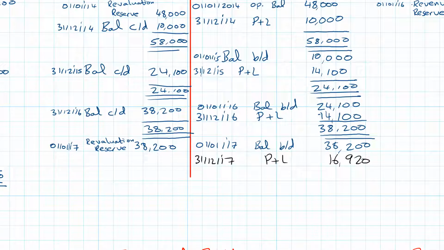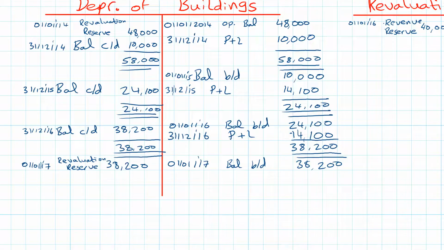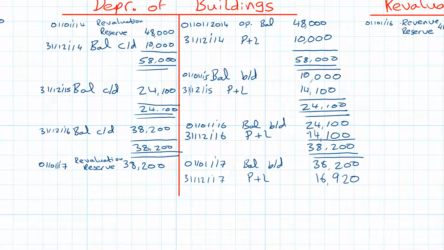Now, T-account-wise, we actually need to balance these again. So for balancing this, it's going to be 55,120.